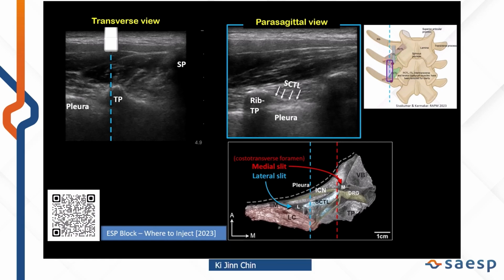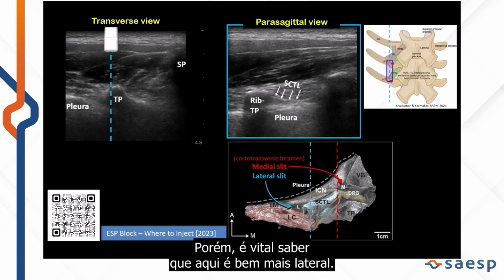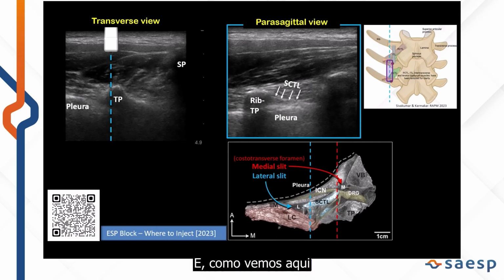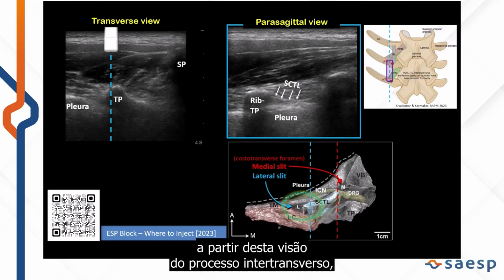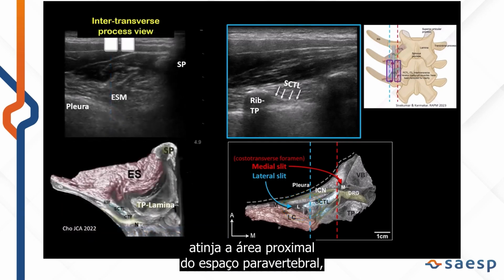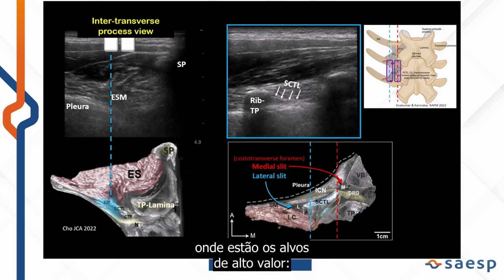And it looks good. However, it's important to recognize that this is significantly more lateral. And as you can see here from this intertransverse process view, it lowers the probability that local anesthetic is going to reach the proximal area of the paravertebral space, where the high-value targets are, the dorsal root ganglion and the spinal nerve root. Rather, the local anesthetic is likely to be in the more proximal intercostal space.